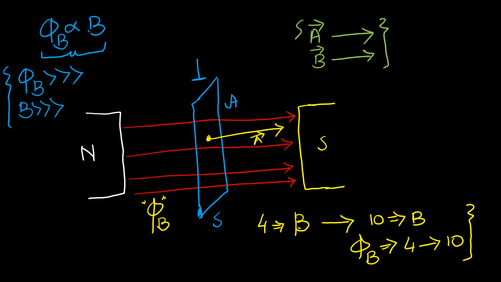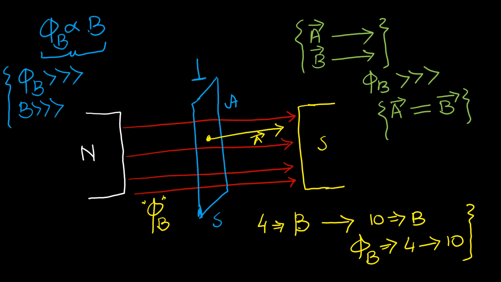And when the area vector A is parallel to the magnetic field lines, the maximum amount of magnetic flux will be produced. When the area vector is parallel to the magnetic field lines, magnetic flux will be maximum.